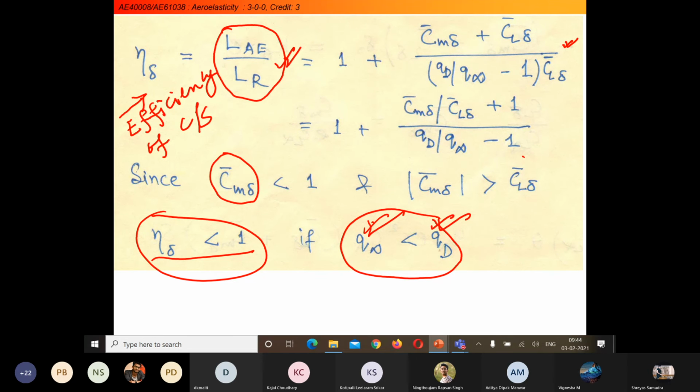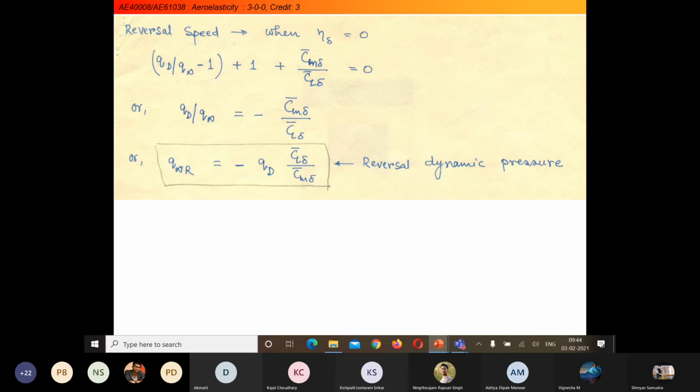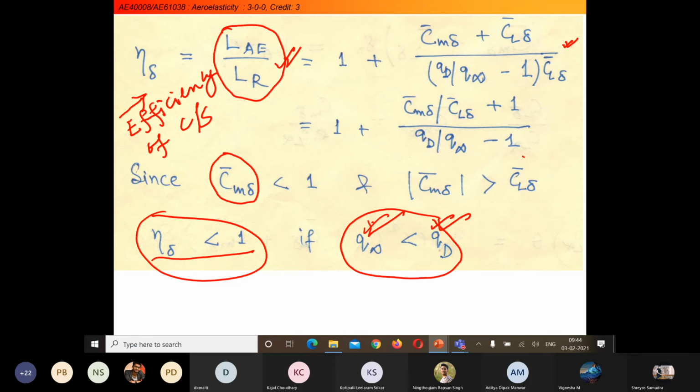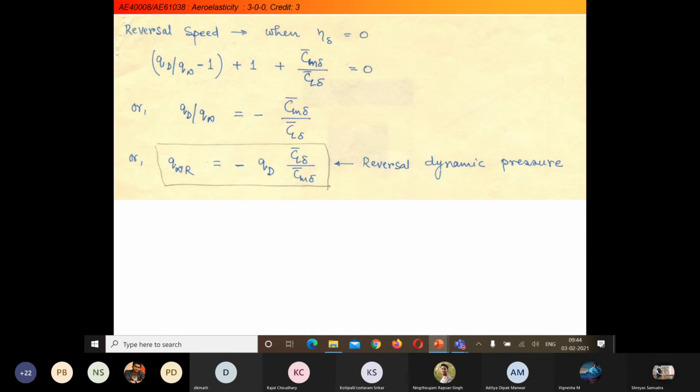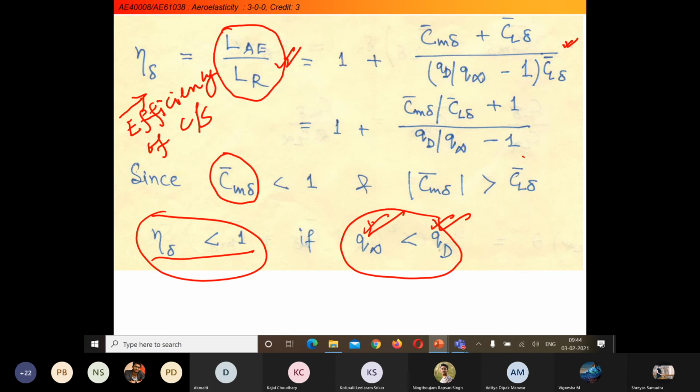So let me now come to this expression, whatever we have considered, the eta delta. The control reversal condition is that when this efficiency becomes 0, that we are considering as the control reversal condition. So if we look at this expression, whatever we have obtained, now if I equate this equal to 0, that is for control reversal.